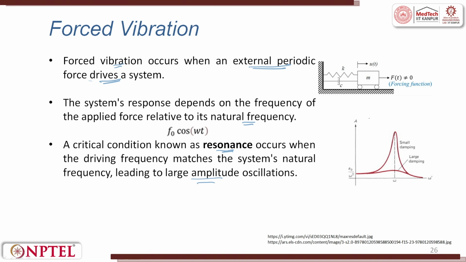If you look at the figure, there is a forcing function f of t not equal to 0. So, we can represent it like this. This is called forced vibration. Here, if you see the plot of A naught by omega square, we will see small damping and large damping.